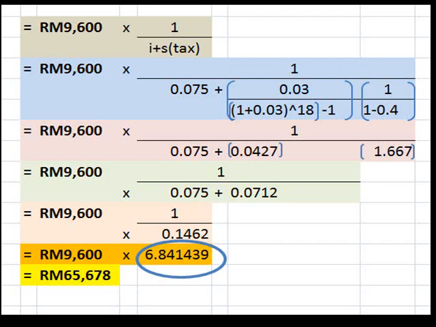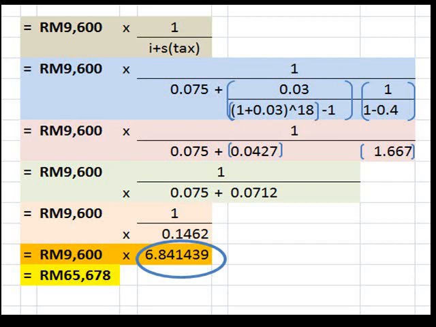S is I over A minus 1, where I for the sinking fund is 0.03, so A is 1 plus 0.03 to the power of 18, minus 1. And tax is 1 over 1 minus tax. Our tax is 40%, so 1 over 1 minus 0.4.